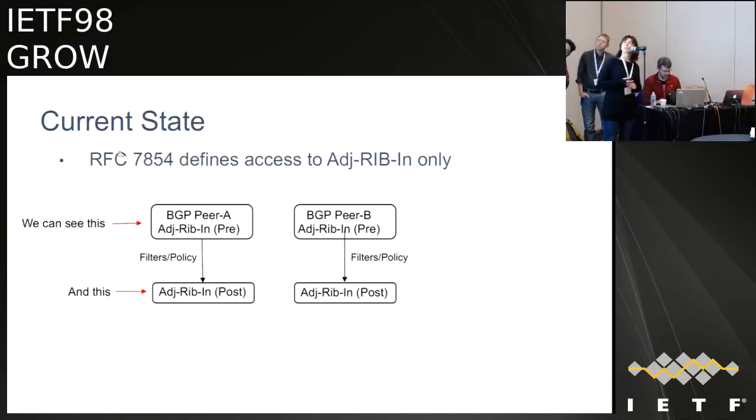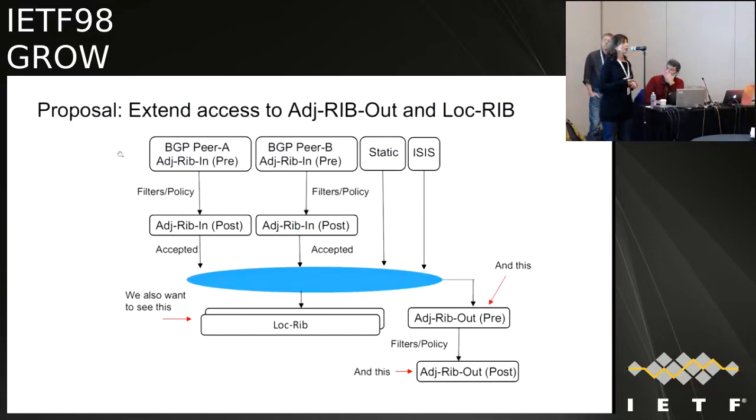What we'd like to do is extend the access to the other conceptual ribs of the router. We have two different drafts. In the first one, we're suggesting that BMP can also send us the local rib routes.